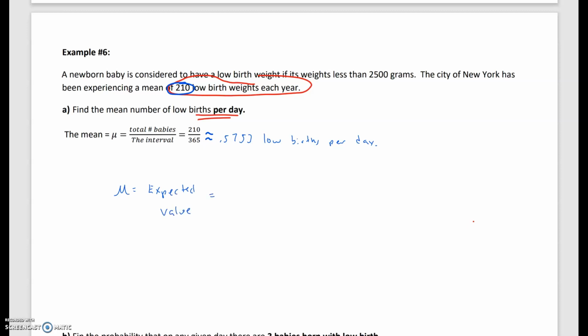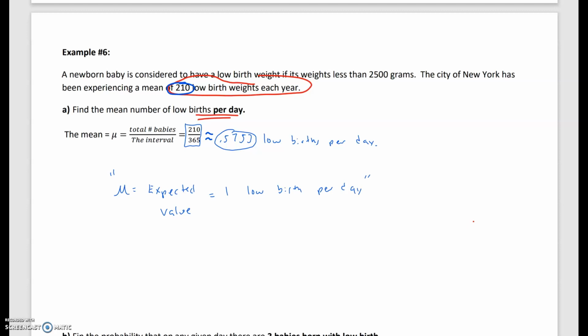We would say that 0.57 rounds to 1 low birth per day. That's only if they ask for the expected value. In this case, the 210 divided by 365 or the 0.5753 would be fine for the final answer.